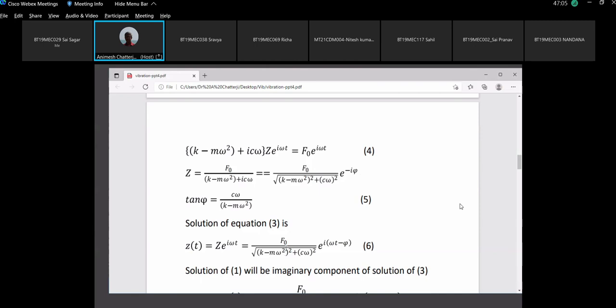So this comes out to be f0 square root k minus m omega square c omega square e to the power I omega t minus phi. इतना लिखे हो then I will proceed. एक बार फिर से पढ़ो, समझने का कोशिश करो.